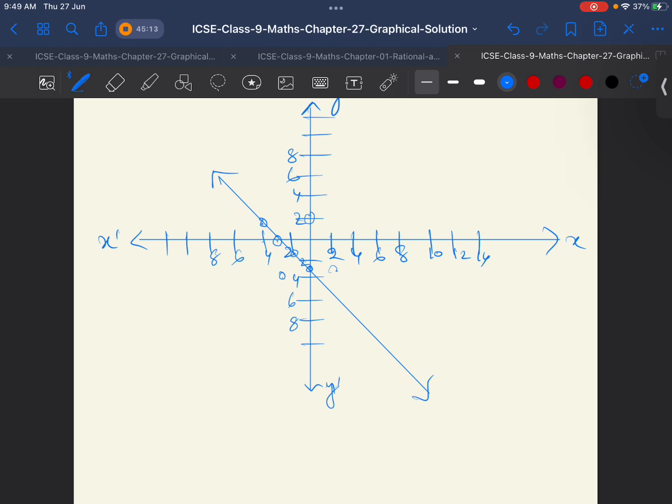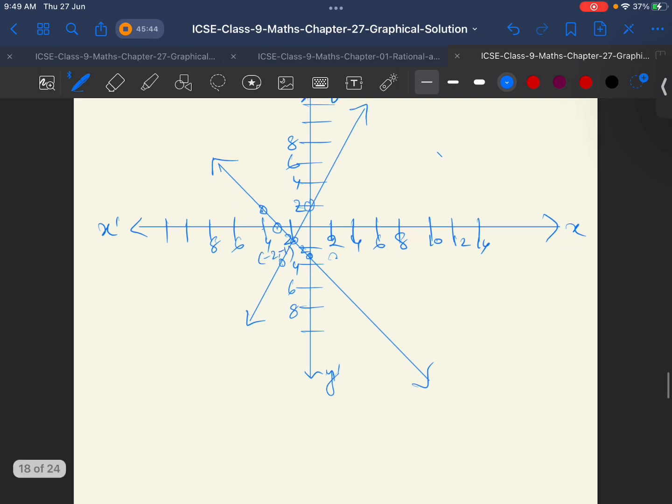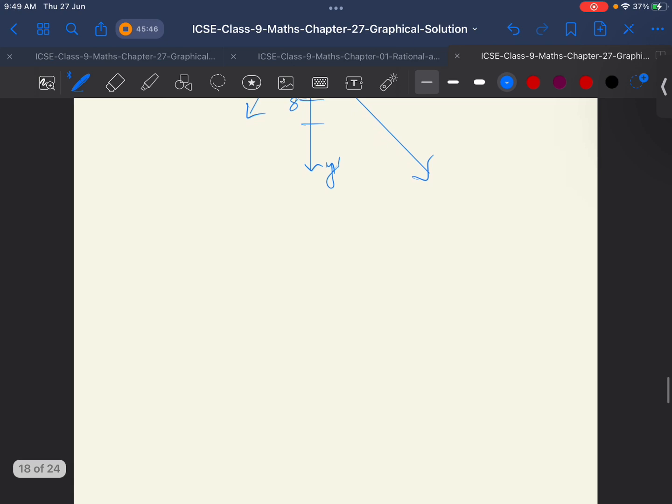Now we draw the line. So this is the line M, this is the line. So the intersecting point is (-2, -1). This is the intersecting point.